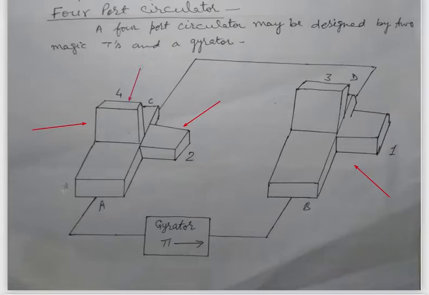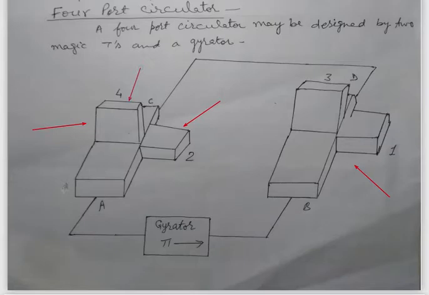And lastly, a wave entering in port 4, which is the E plane side. This wave will be split into two equal parts, and they will be out of phase. Now when these two waves enter at D and B, again due to the presence of the gyrator, it will provide an additional phase change of pi.